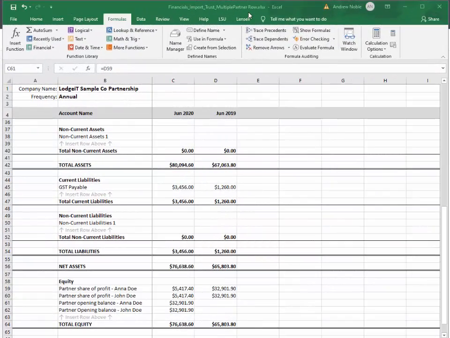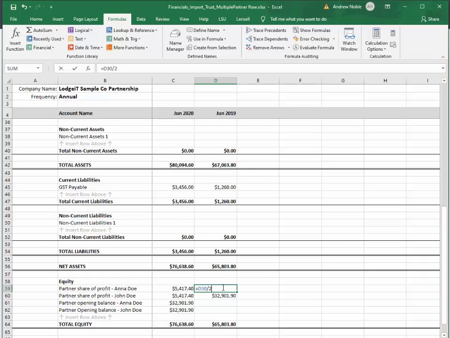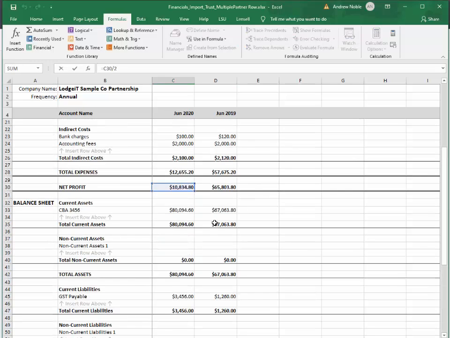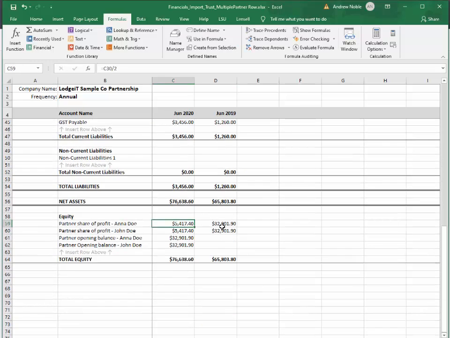In this case, we'll work with multiple partner rows, and let's go through the reasoning here. We've got share of profit. You can see that split, profit split, and balance is carried forward.